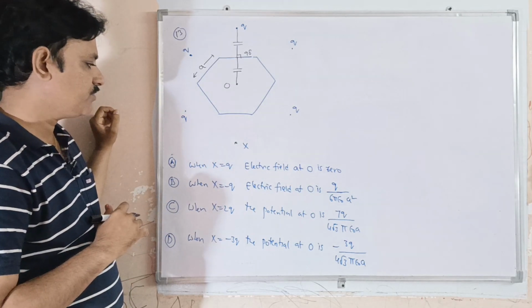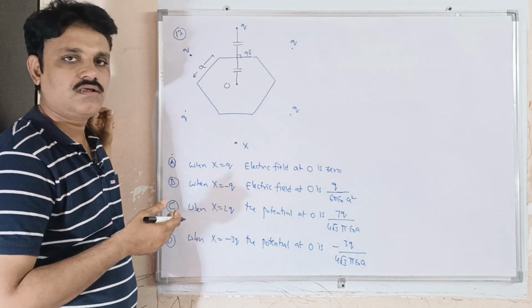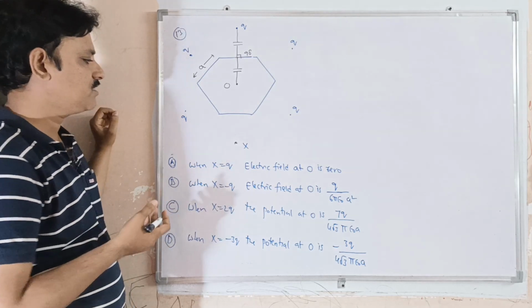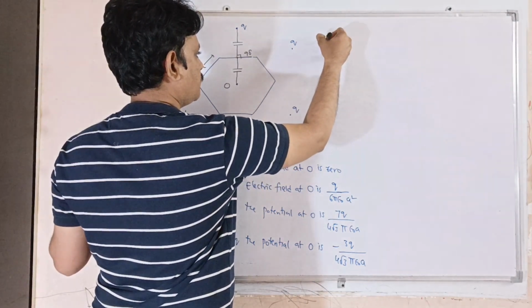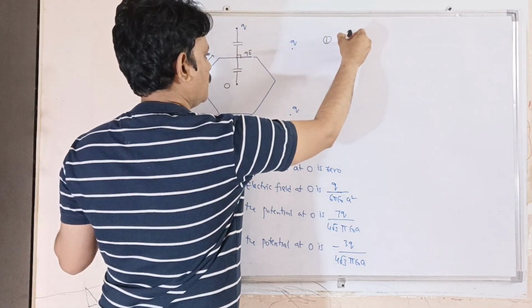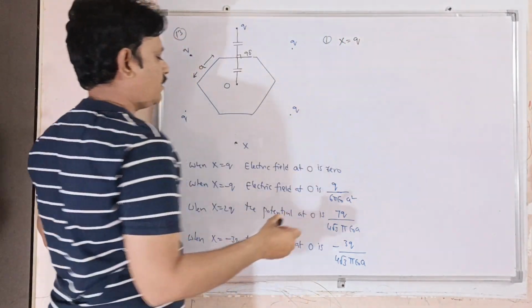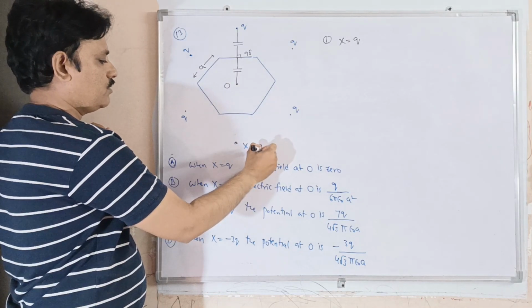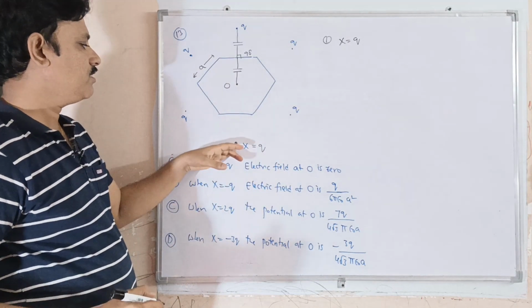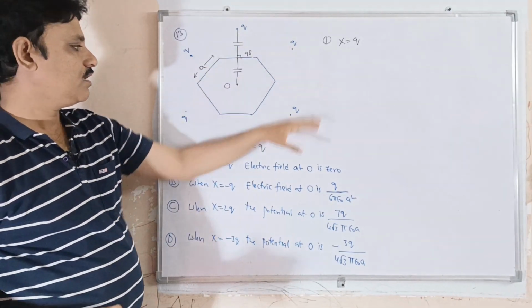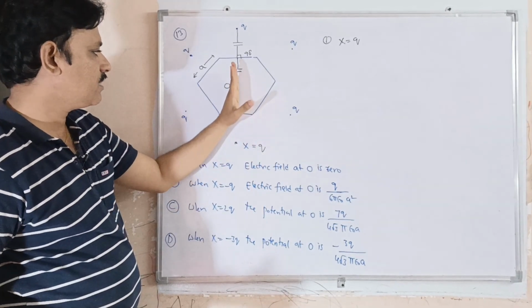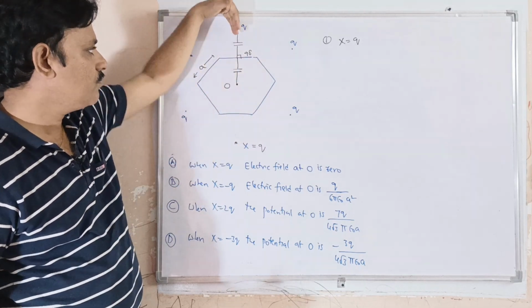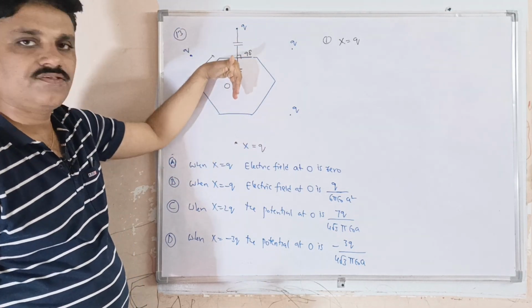The first point is: when x is equal to q, the electric field at O is 0. So x is equal to q means, see students, what happened? Here q, here and here and here, and everywhere the similar charge. So with respect to one q, the electric field here is in one direction. With respect to the opposite q, the electric field is in the opposite direction.